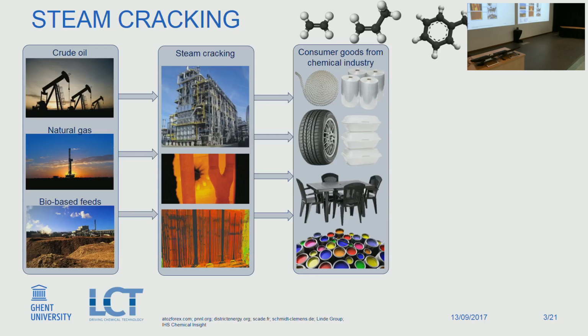And actually, how they're made, you have a hydrocarbon feedstock, being it crude oil, natural gas, or even now bio-based feeds. And you expose them to high temperatures for a short amount of time in order to break their hydrocarbon backbone and introduce these unsaturated bonds. So you see in the molecules on top, you have these two connections between the black spheres. That's a double bond, and that's a functionality.